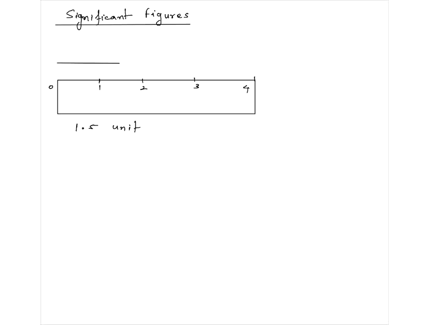But according to the instrument, you are sure about 1. You are not sure about 5. 5 is called the doubtful digit, and we often use it in experimental measurements. Human judgment.